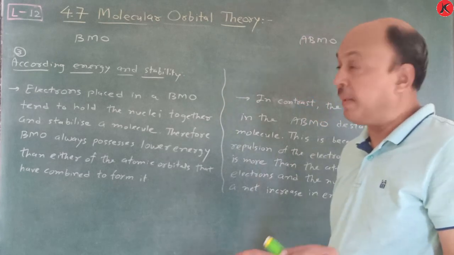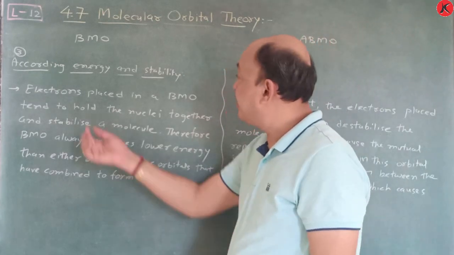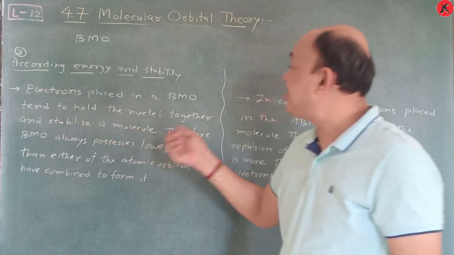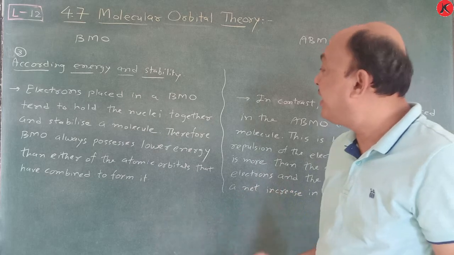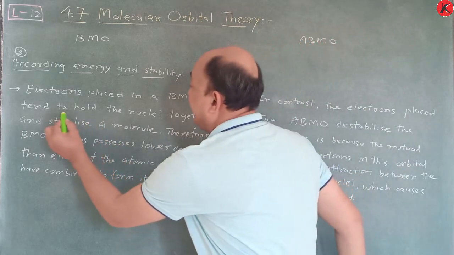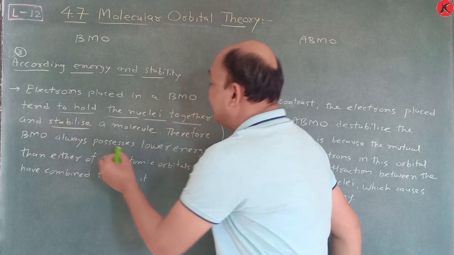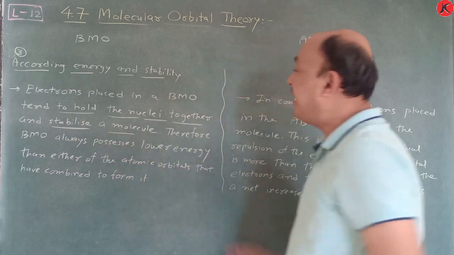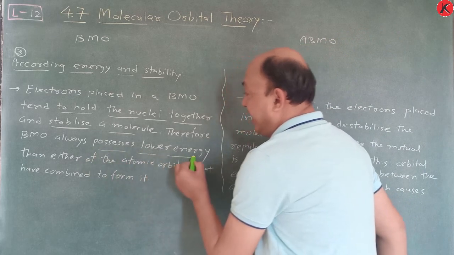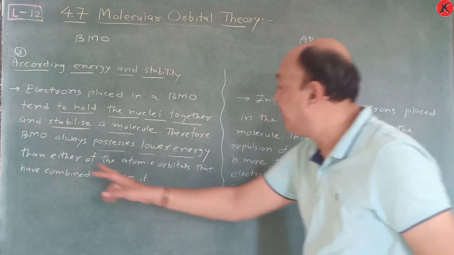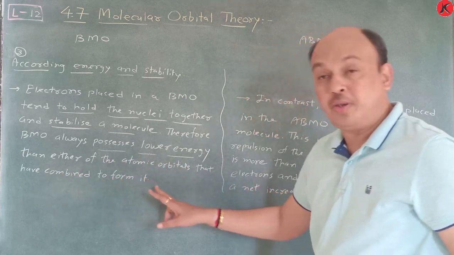Why does this happen? It is explained here in sentences. Electrons placed in a BMO tend to hold the nuclei together and stabilize a molecule. This is a very easy topic. Therefore, BMO always possesses lower energy than either of the atomic orbitals that have combined to form it.